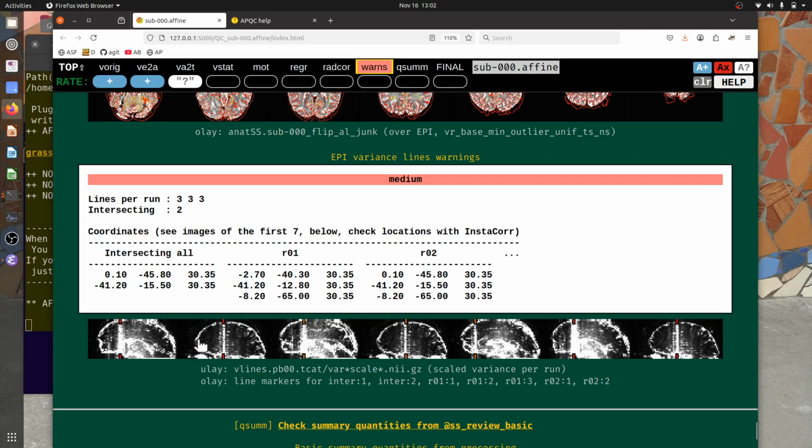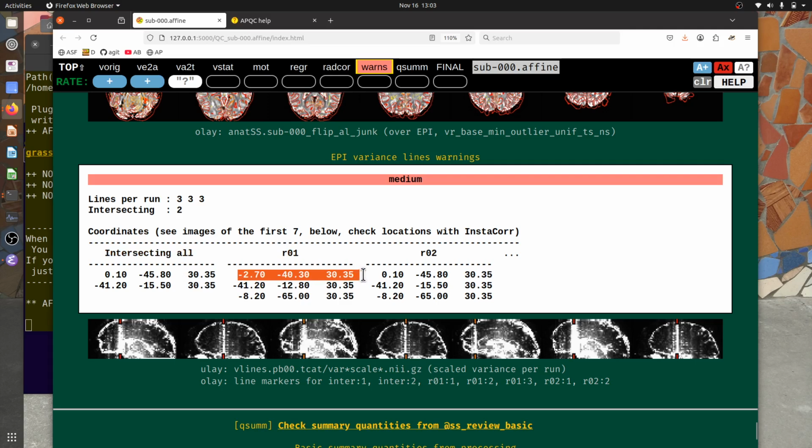Now, one way that we can see this is we can go to this location. So we start reporting here for each location that intersects across all runs, so the same XYZ location in the scanner space, run by run. And these are the XYZ locations.